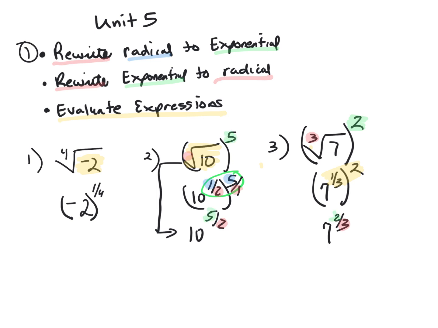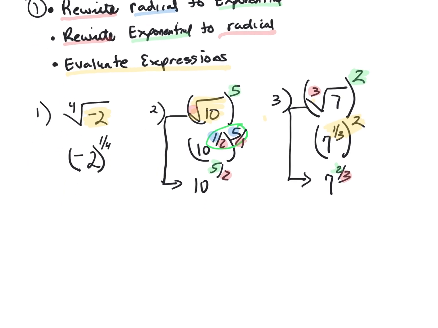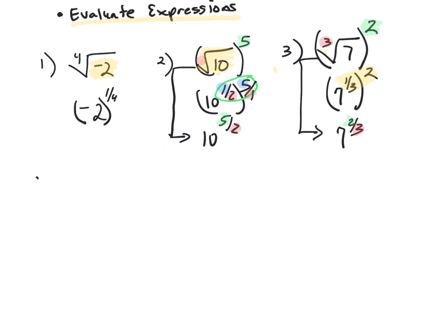So if you notice that pattern, can we get to the point where we can just skip that middle step? Otherwise, we can go to that middle step to help us. So if we have the 7th root of 8 to the 5th power, can't we write that as 8 to the 5/7 power?